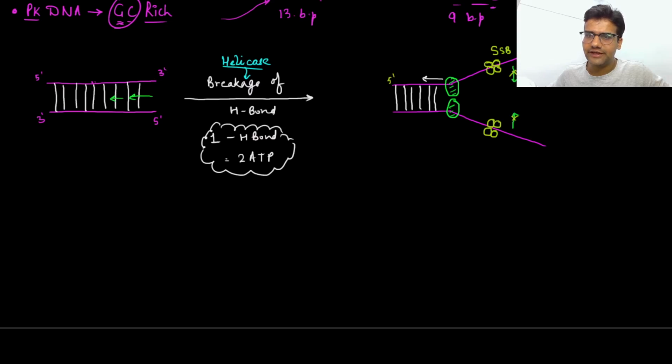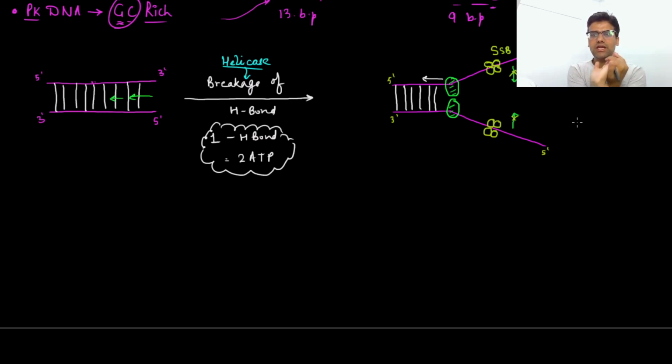This is the 5' DNA, this is the 3' DNA, this is the 3' DNA, this is the 5'. Remember, the ends are very important. There is another problem. As the DNA helicase is moving, DNA is not like this ladder-like structure. DNA is coiled.